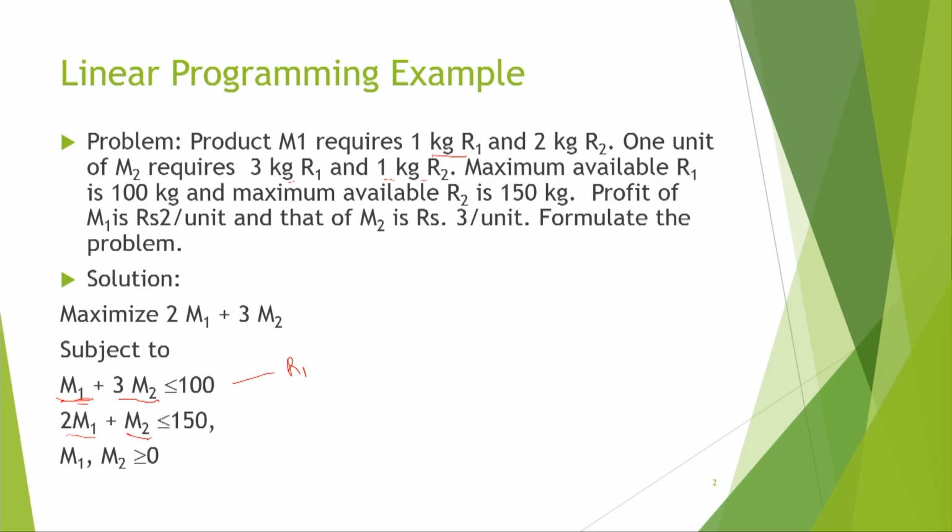So, 2 M1 plus M2 is the total consumption of R2 and it should be less or equal to 150, because availability is only 150 kg. And M1, M2 are of course greater than or equal to 0, because you cannot make negative quantities. You must write it like this. So, this has become a problem.